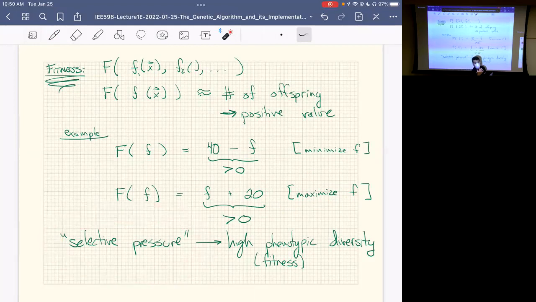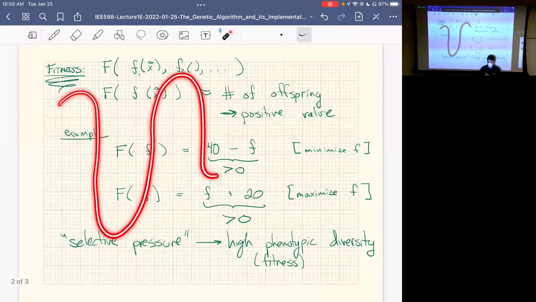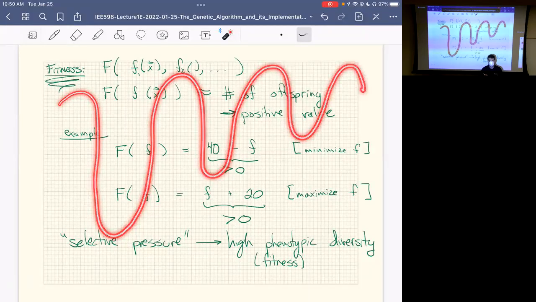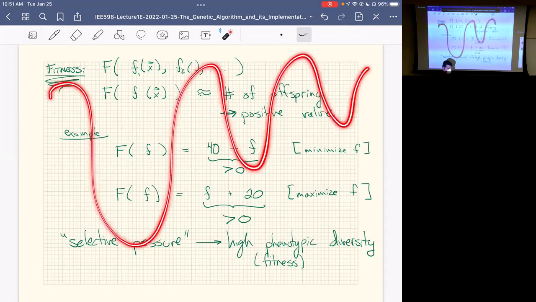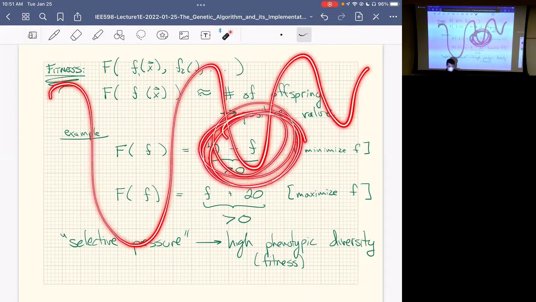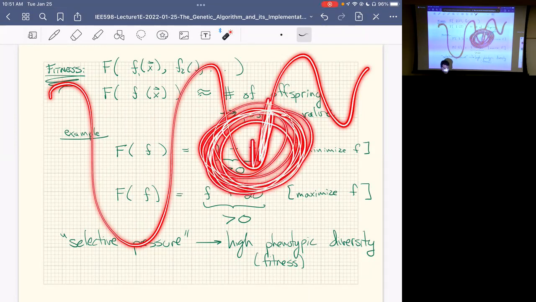So if we have a hint that an optimization function has a lot of local optima, then maybe we don't want such high selection pressure, because if it finds one of these little local optima, it's going to just sit there and loiter around that local optimum, because the selection pressure is going to be obsessed with the steep slopes of the optimization objective.